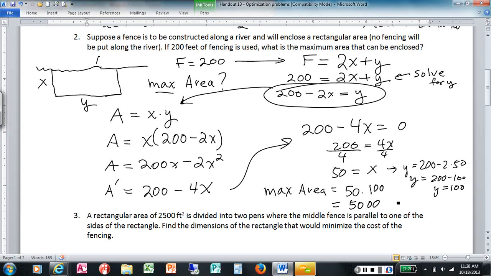Again, this is feet squared. Sound okay? So that's the maximum area we get out of our 200 feet of fencing. Question or concern?